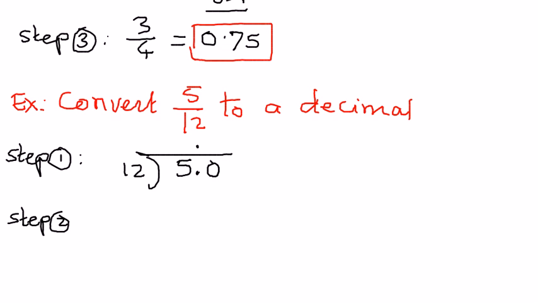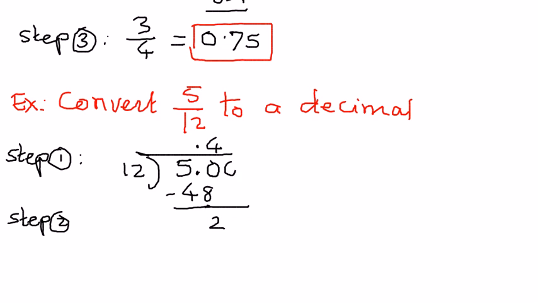So we're going to read this number as 50, and now we're going to recall our 12 times table and say 12 times what number is equal to or less than 50. 12 times 4 is 48. We subtract as if we are subtracting whole numbers. So 50 minus 48 is equal to 2.